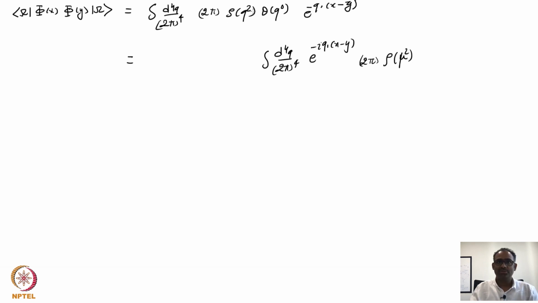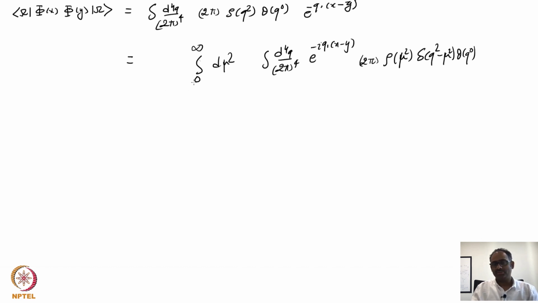I had a rho of q square, but I am writing rho of mu square, delta of q square minus mu square, theta of q naught. And because I have written rho of mu square and I should turn it to rho of q square, I have an integral over d mu square from 0 to infinity.